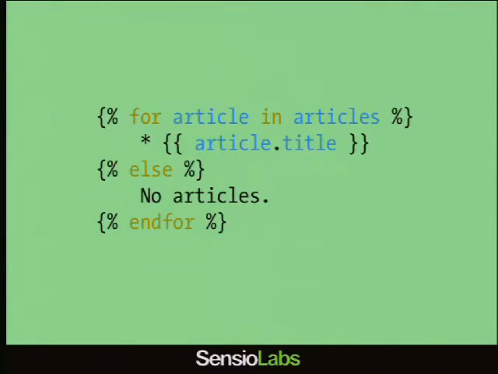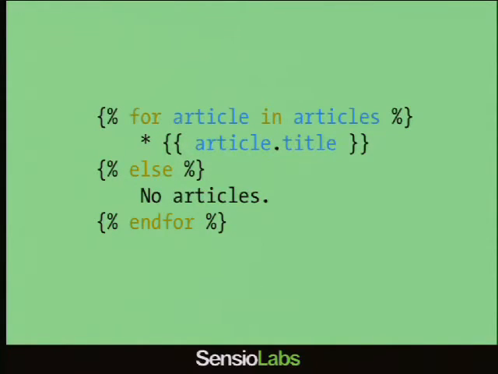So I'm going to talk about two main tags that we have. The first one is for, and it allows you to iterate over things. So you say for article in articles, so this should be iterable actually, so it can be an object or an array, whatever. And then you do stuff, and then you have endfor. When you have things inside the tag, you always have the same convention: the tag name, and you end with end tag name, right?